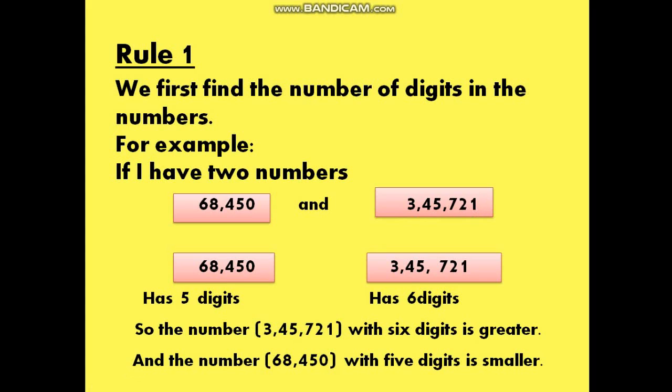A 6-digit number, because it is also going in lakhs and this is in thousands. So, that is why more number of digits, that means bigger the number will be or greater it will be. So 3,45,721 is a greater number, whereas 68,450 is a smaller number.